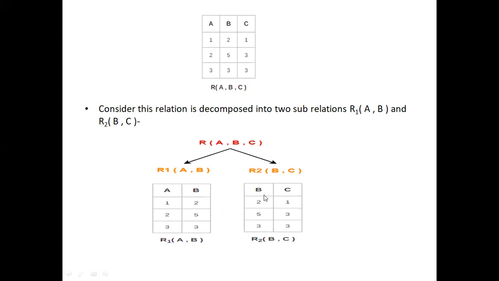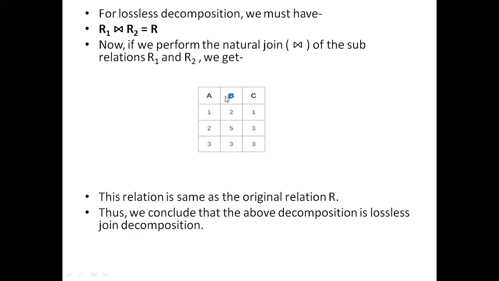With the help of a common attribute. If we have a common attribute, we can join easily. So when rejoining A, B, and C, we get the actual R, the base table, again. As we are able to get the same base relation by joining the sub relations, we call this type of decomposition lossless. Why? Because we have no loss of data here.